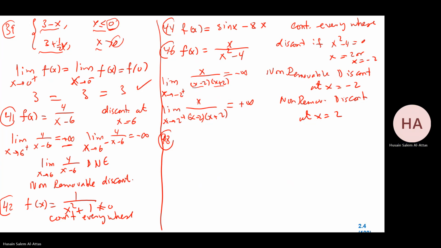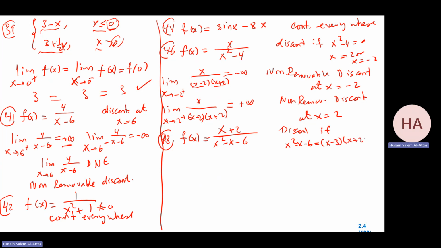F of x will be equal to x plus 2 over x squared minus x minus 6. I have a discontinuity if x squared minus x minus 6, which is x minus 3 times x plus 2, equals 0. So x equals 3 or x equals minus 2.